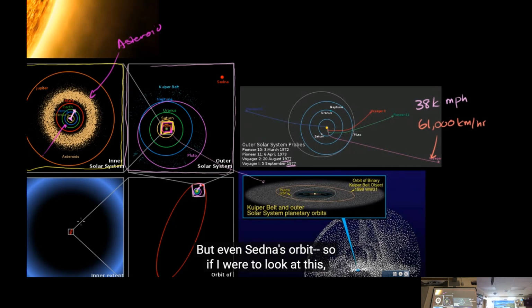But even Sedna's orbit, this whole box over here, can be contained right over here. So in this diagram, you wouldn't even be able to see how far Voyager has traveled in 33 years at 38,000 miles per hour. It would be like a speck. You wouldn't even notice that distance.